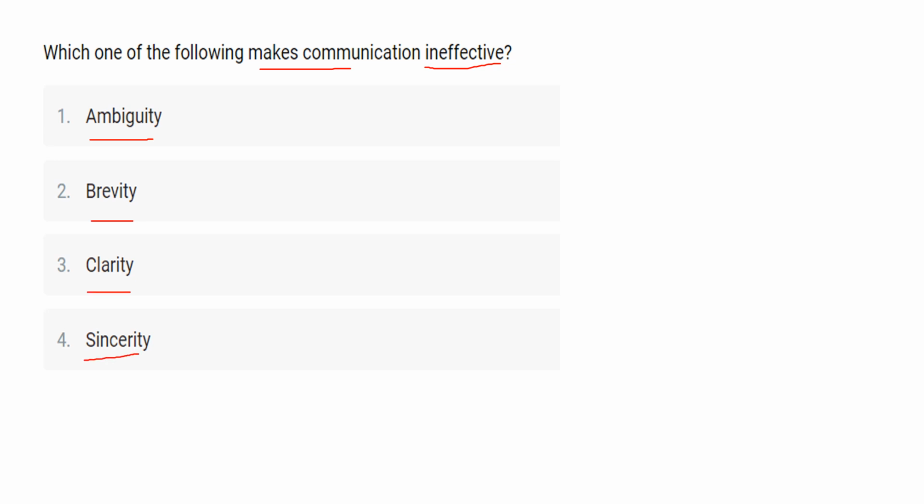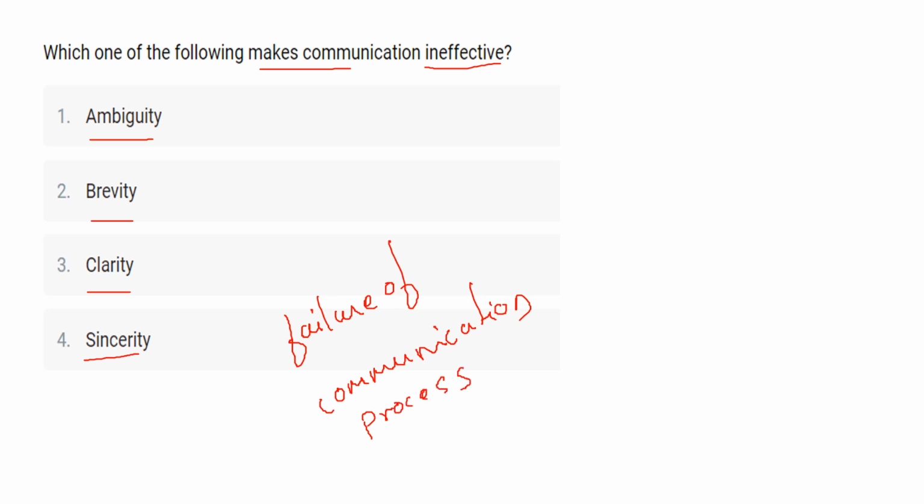Okay. So ineffective communication is a breakdown or a failure of the communication process. Ineffective communication might result from any disturbance or breakdown in the process.